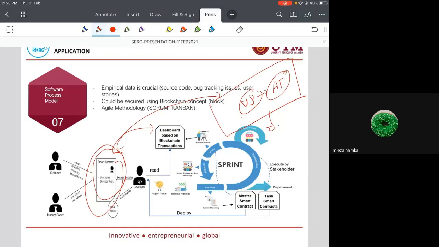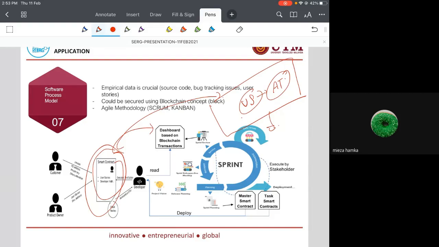When we argue, they say they want to see the SRS. If they look at the SRS, that's where the problem occurs, maybe a lack of writing or lack of information. But with the smart contract principle, we cannot argue anymore, because during that time everyone agreed.